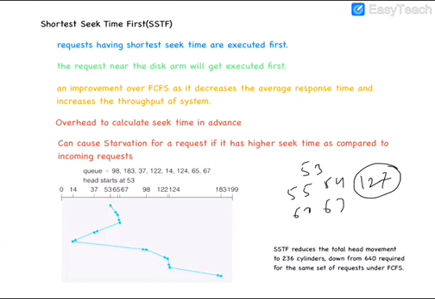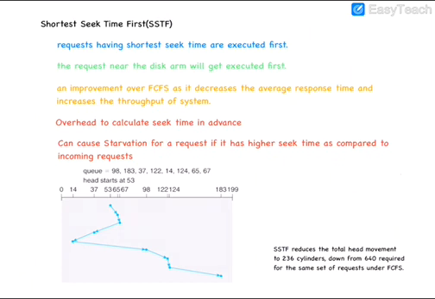Okay, so this is the problem with the shortest seek time first algorithm. But you can see the disk arm movement here in this example. Again we will be starting at 53. All these are requests, and we have to calculate the seek times. So that is how we will be calculating the seek times here. Let us see.